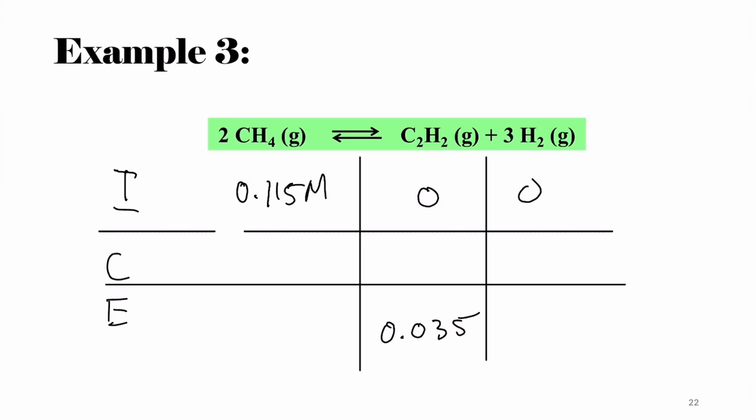So the change is going to be what for that product? Positive 0.035. We know it's positive because it's a product and we start off with 0. So plus 0.035. And that allows us to then solve for the rest of the change values.